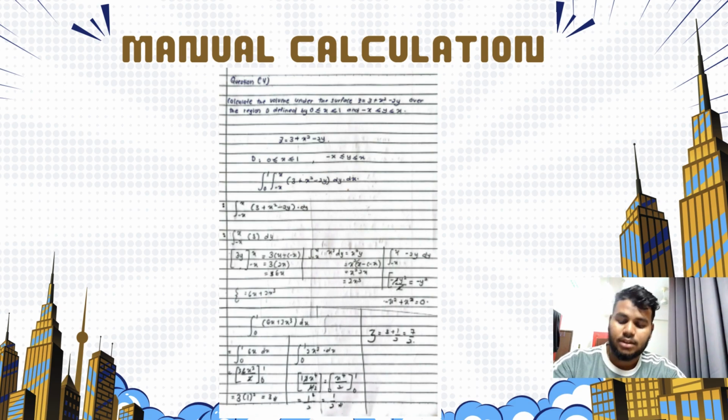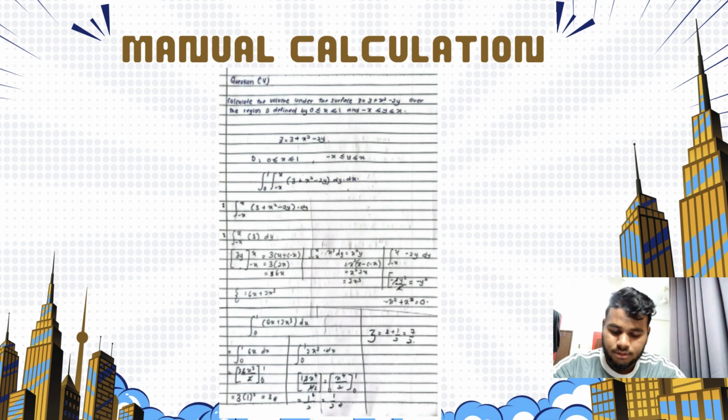Then we go to the second integral. For the second integral, we need to do dx by using the first integral. So integral from 0 to 1 of 6x plus 2x cubed, and we integrate the x part.